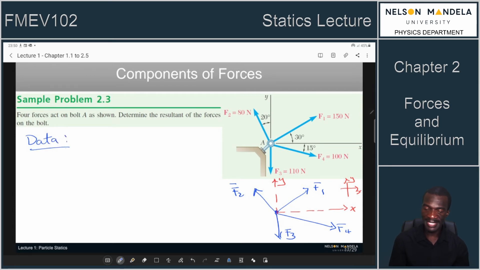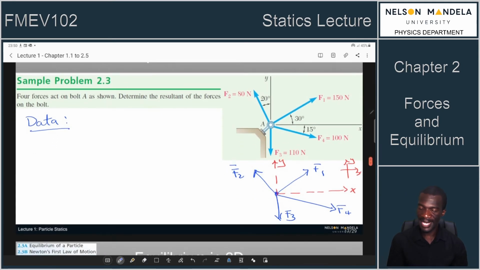What are the given data? With this diagram, it's very important that you label the forces and dimensions for every free body diagram, the forces and dimensions that are given. So I will just give these some names. That will be my theta 1. I'll give this one the name theta 2. That will be my theta 3. And you can then write your data as follows.